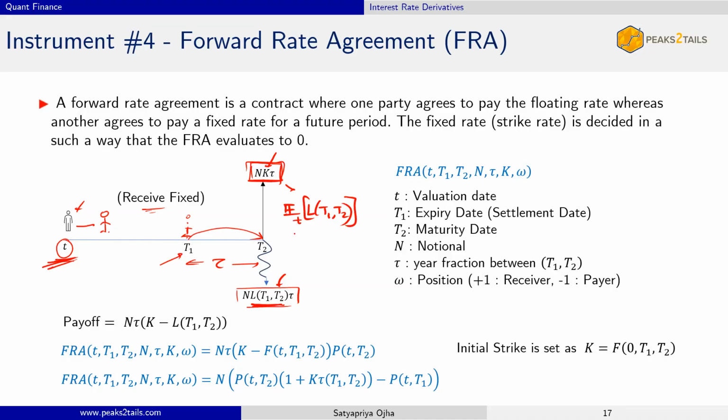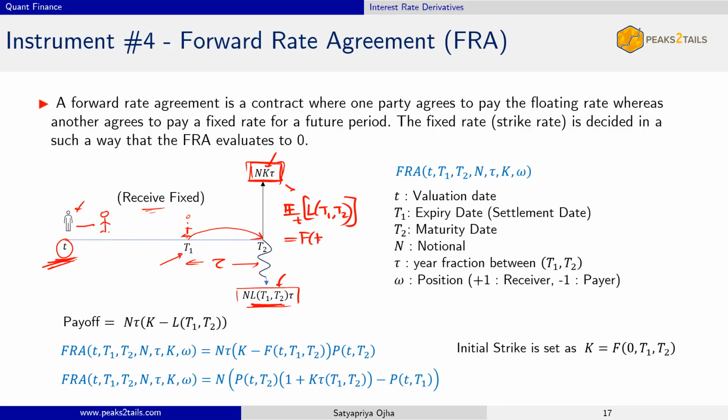Standing at time small t, you have an expectation of the future floating rate or spot rate. And that expectation is nothing but, who can tell me? Any intelligent guess? You have an expectation of this random floating rate that will prevail from T1 to T2. It is the forward rate, exactly.